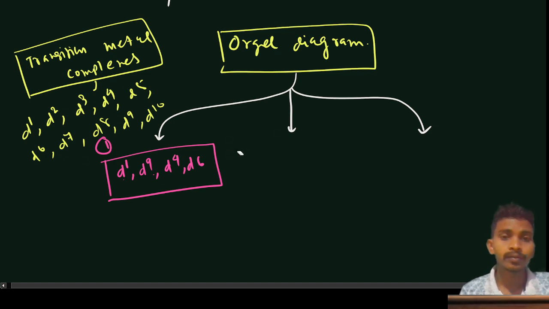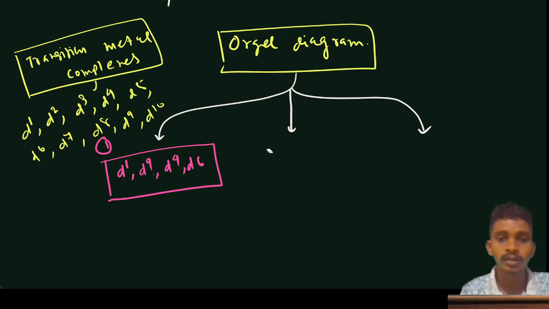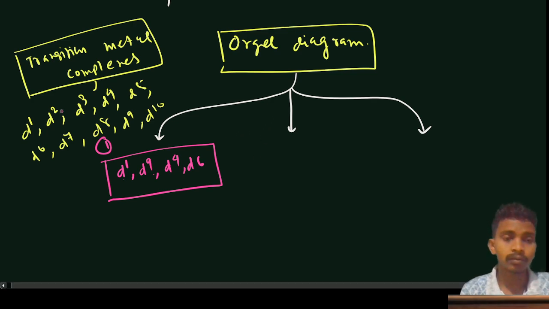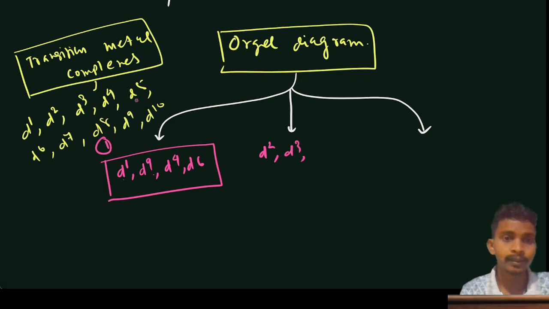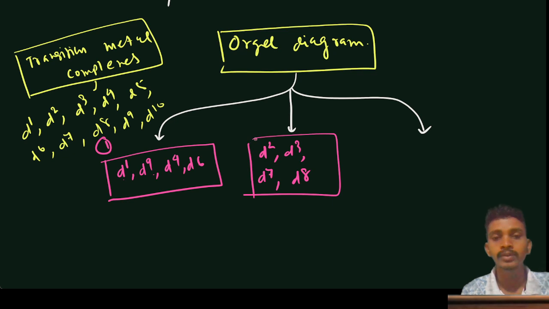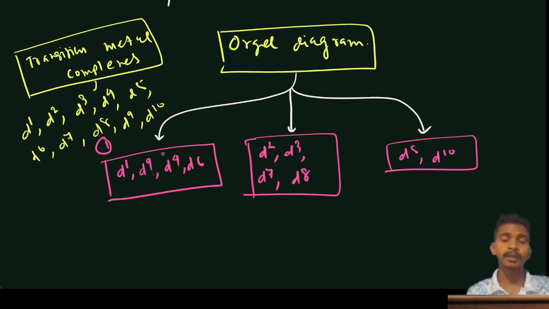And if they use the d orbitals d2, d3, d7 and d8, they will have another type of Orgel diagram. What is left is d5 and d10, and these have some other behavior.